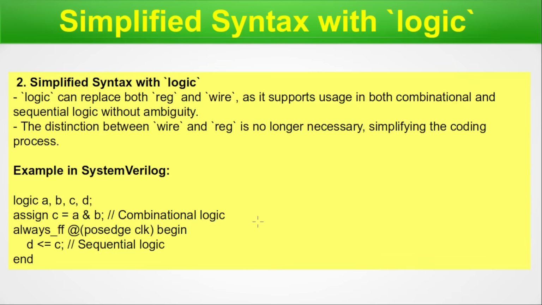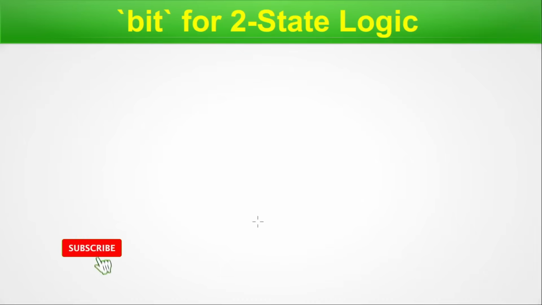You can use logic in procedural blocks for combinational assignments or even in always_ff blocks, all without worrying about mismatched usage. It simplifies the syntax, reduces the chance of making mistakes, and lets you focus more on design logic rather than coding rules. So your head is less bugged while you are doing the coding. And that's all with this slide. Let's move on to the next slide.